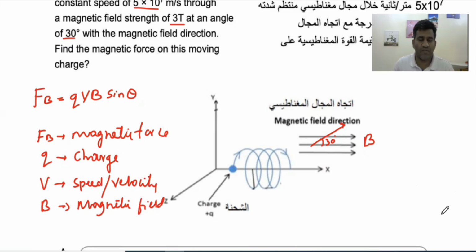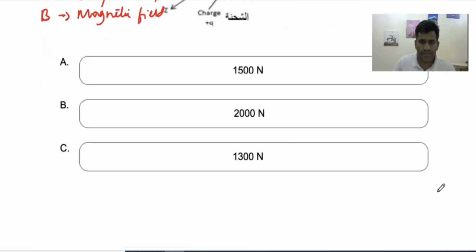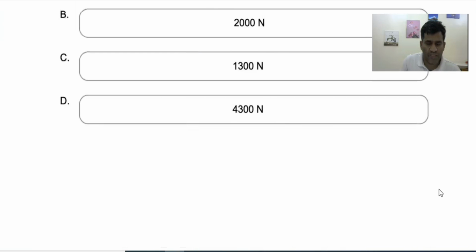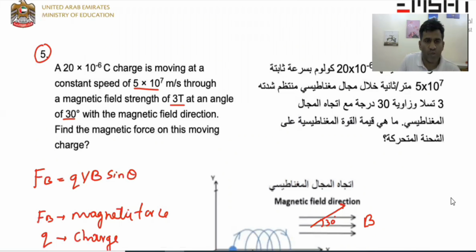What is the value of charge? The Q value is given to us. If you substitute here, let me write it: FB is equal to QVB sine theta. The value of charge is 20 into 10 to the power negative 6, which represents the charge. This represents the speed V, this is the magnetic field B, and this is the angle.